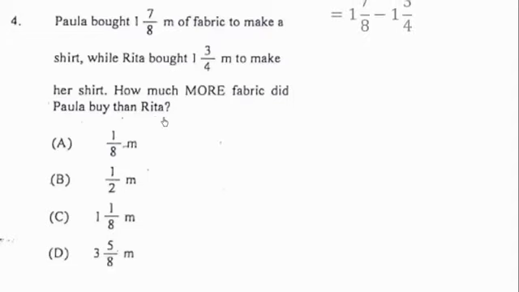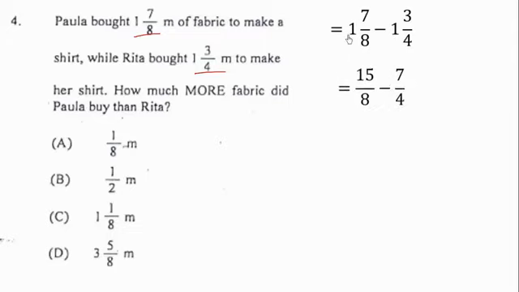So it's just a matter of subtracting this from this. So let's go. We need to convert to improper fractions. 1 times 8 is 8, plus 7, which is 15/8. 1 times 4 is 4, plus 3, which is 7 out of 4.